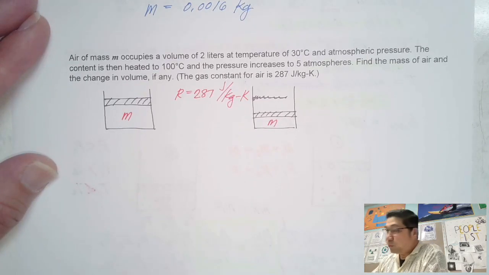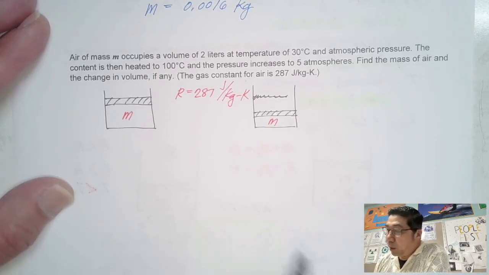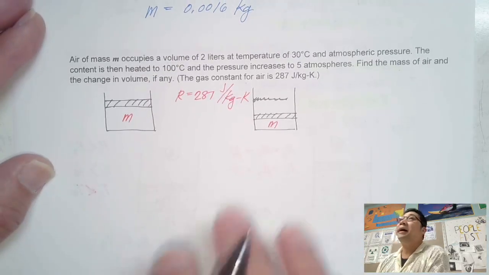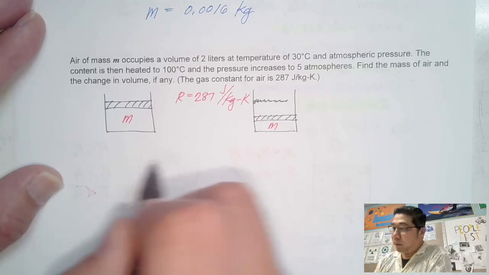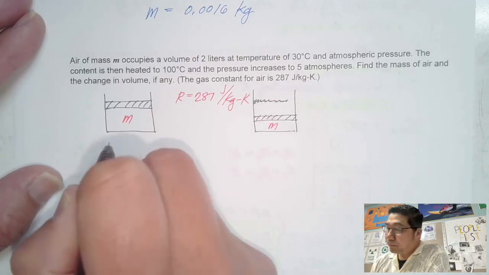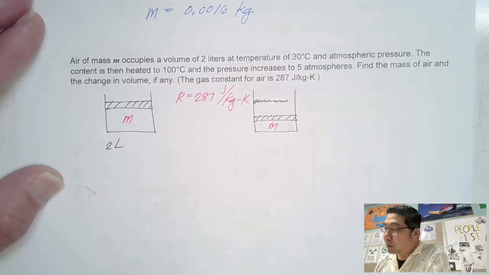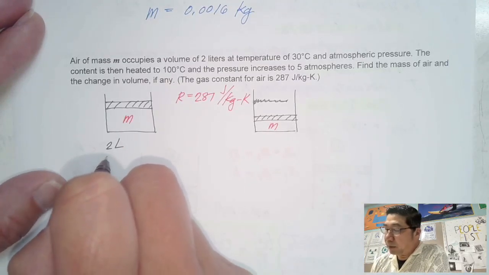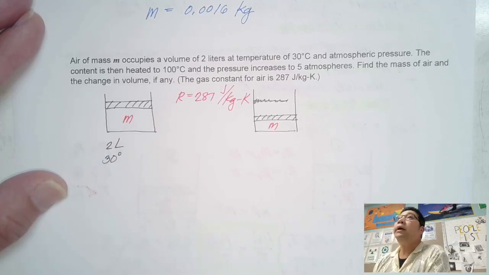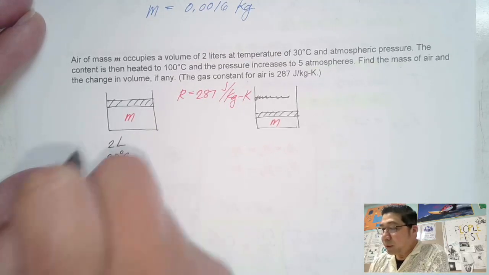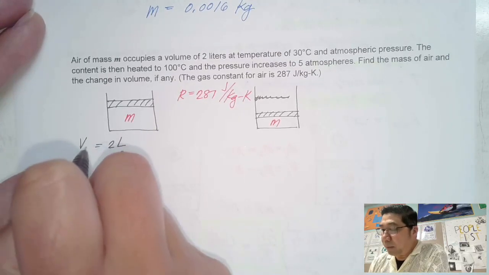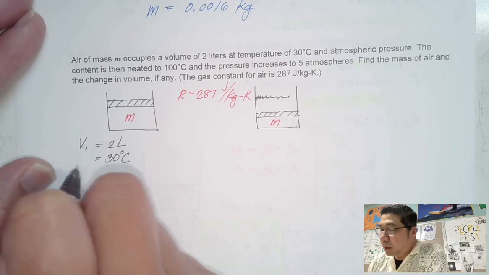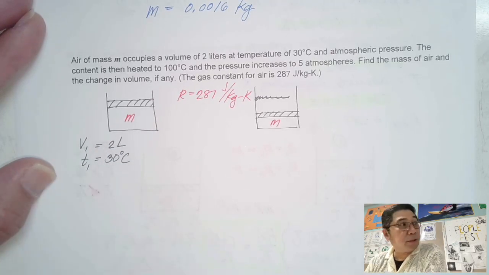Now let's take a look at the information on number 1. What is the original volume? We have 2 liters. And then we have a temperature of 30 degrees. Okay guys, 30 degrees Celsius. So this will be V1. This one is T1, which is lowercase t.